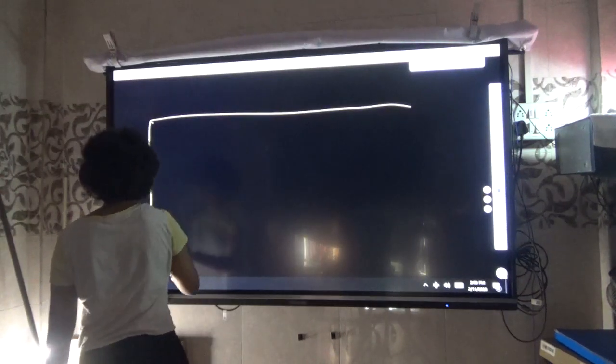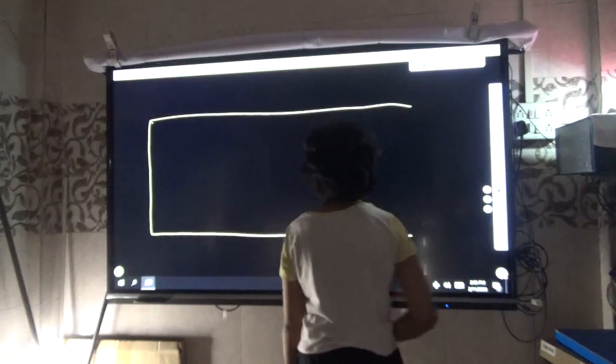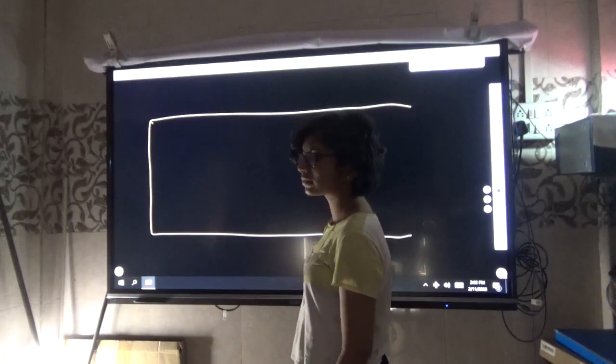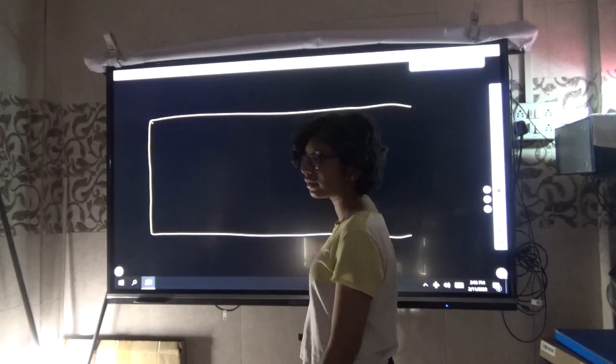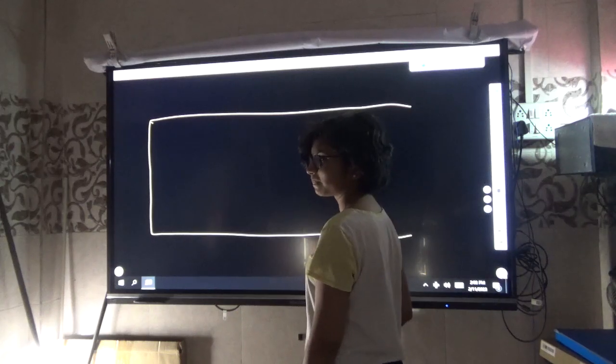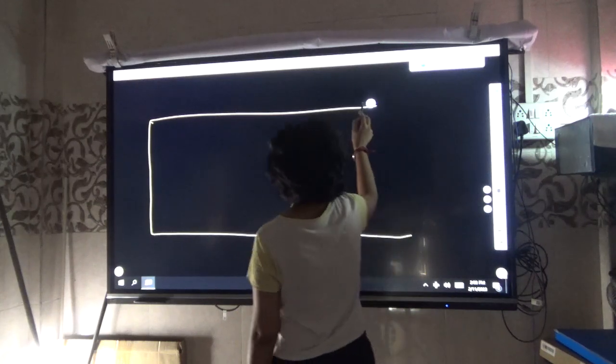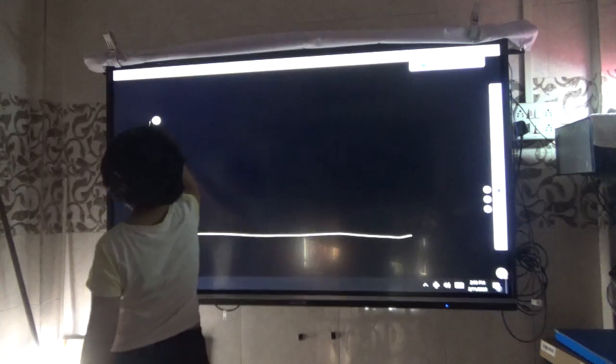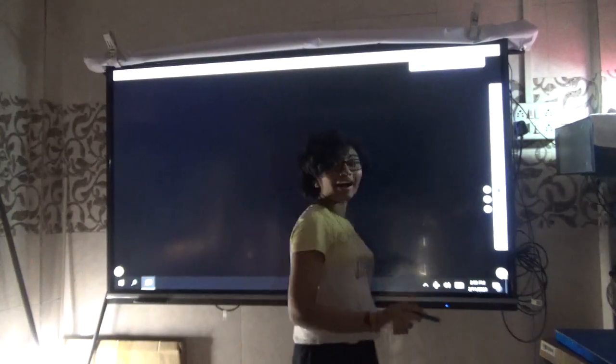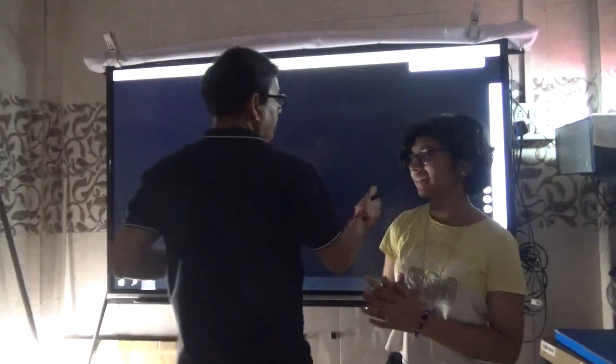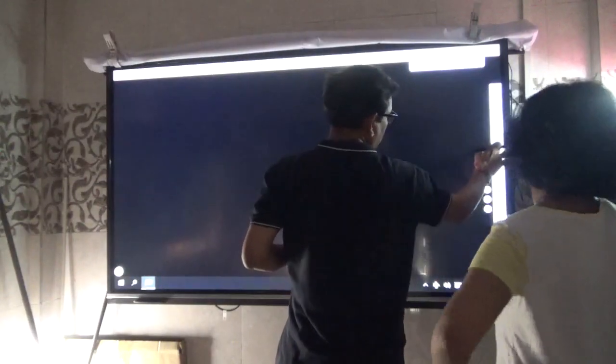Draw a straight line and draw a rectangle. How am I supposed to do it? Come, you also help me out. You don't know how to draw a straight line? I do not know how to draw a straight line. Okay, I will tell you. I know it on paper with a pen. Okay, do it.